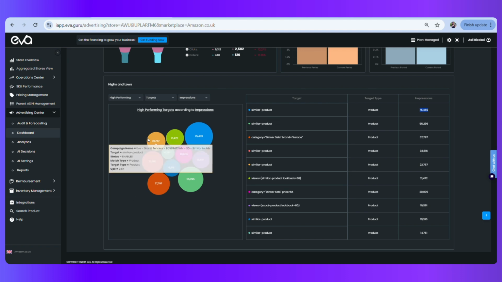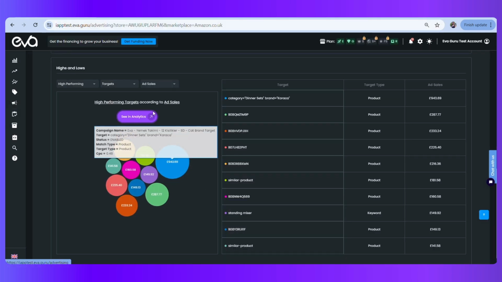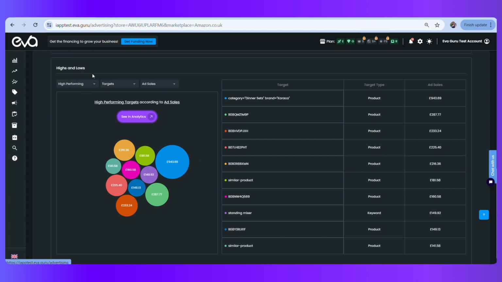Right now it's not here, but in the production environment, we will also include a button, which is the Seen Analytics button. The Seen Analytics redirect link will enable the user to see... let's go and try. For example, here I would like to see high-performing targets by considering the ad sales.